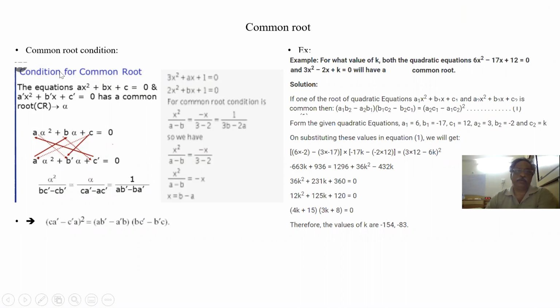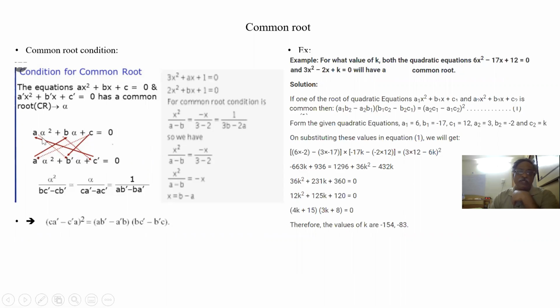When two quadratic equations, ax square plus bx plus c and a dash x square plus b dash x plus c dash, have a common root, there should be a condition for them to have a common root. Now I am writing in a matrix form: ax square plus bx plus c, a dash x square plus b dash x plus c dash. In place of x, let the common root be alpha. So alpha square, alpha, 1. I am solving this.